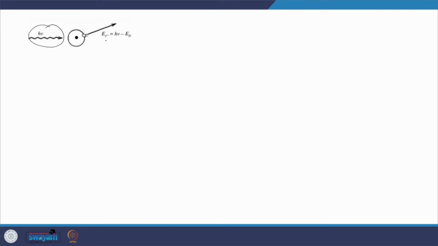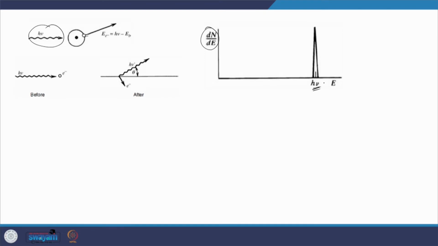I am discussing the interaction of gamma with matter in detail, and here you can see the energy deposited is h nu. If it happens with a large number, then dN by dE is completely occupied with h nu only. But if it is Compton scattering, applying conservation of energy and momentum, one can derive the energy of the scattered gamma and recoil electron.